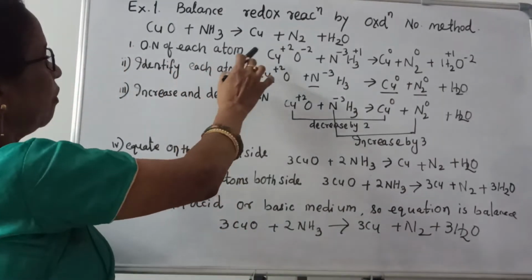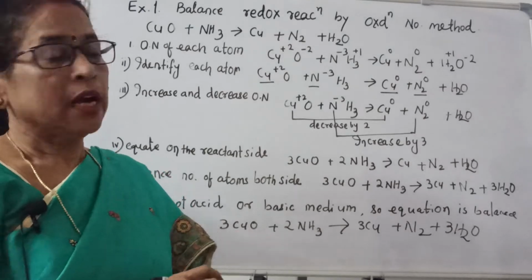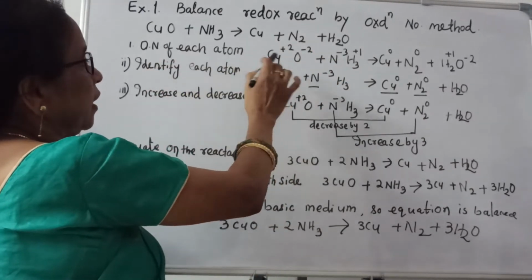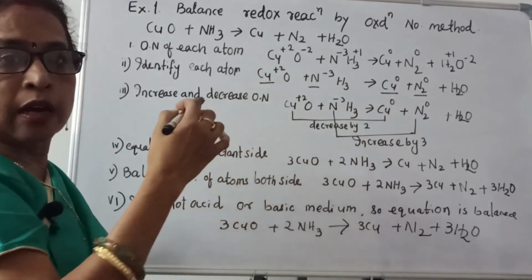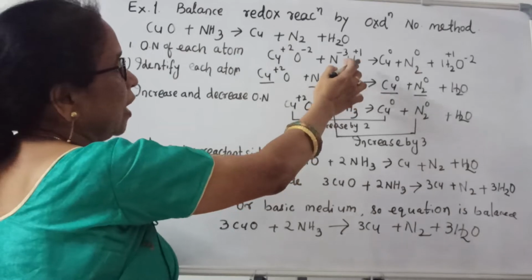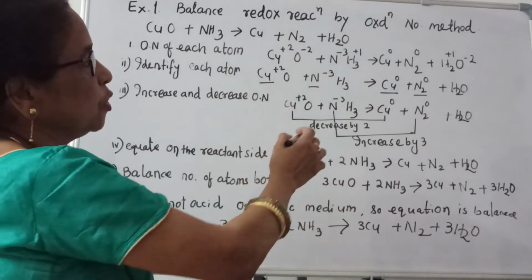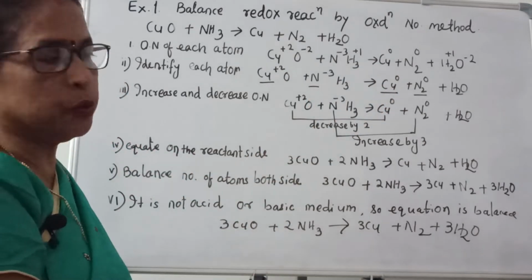Now first we will find the oxidation number of each atom. In CuO, copper is plus 2 and oxygen is minus 2; in ammonia, nitrogen is minus 3 and hydrogen is plus 1. In the product, copper is 0, nitrogen is 0, and in water hydrogen is plus 1 and oxygen is minus 2.